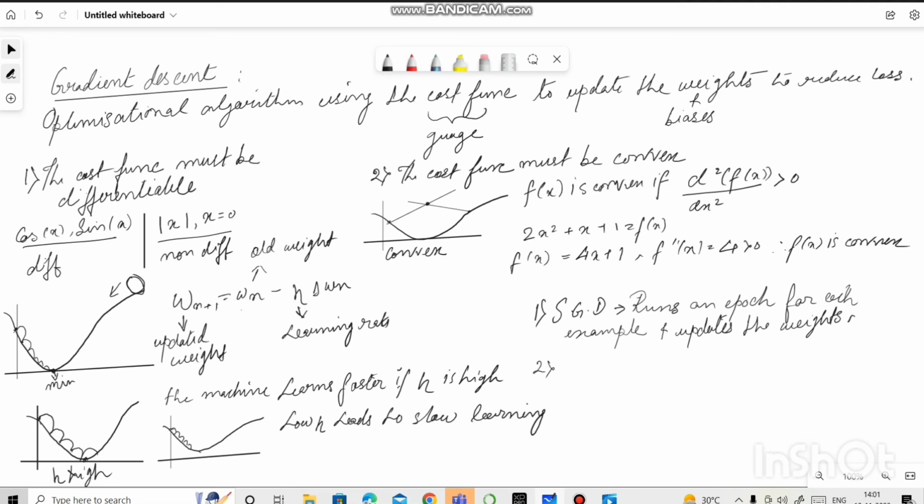The next is batch gradient descent. What happens is the entire data set is used to run an epoch, and only after the entire run is complete the weights are updated.